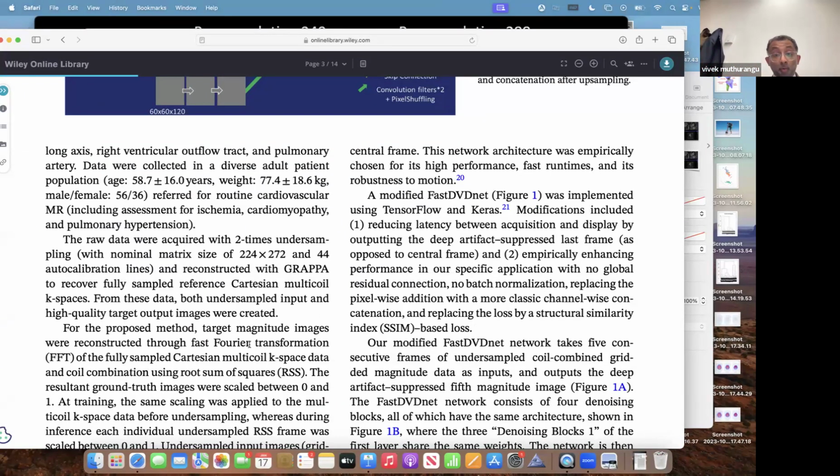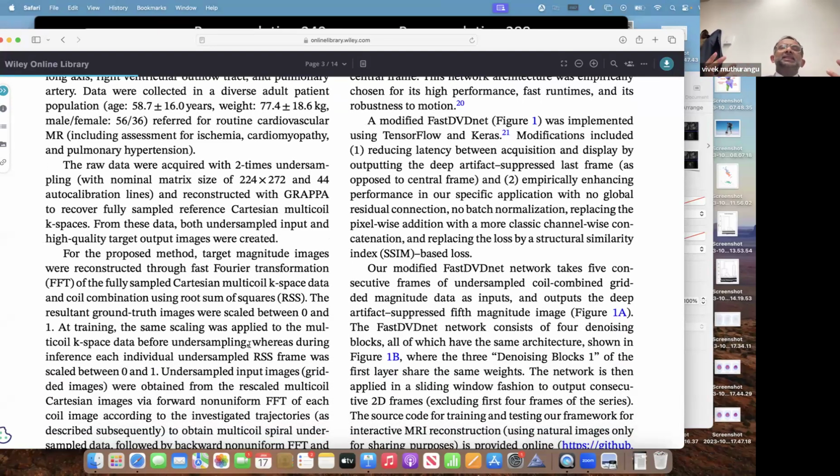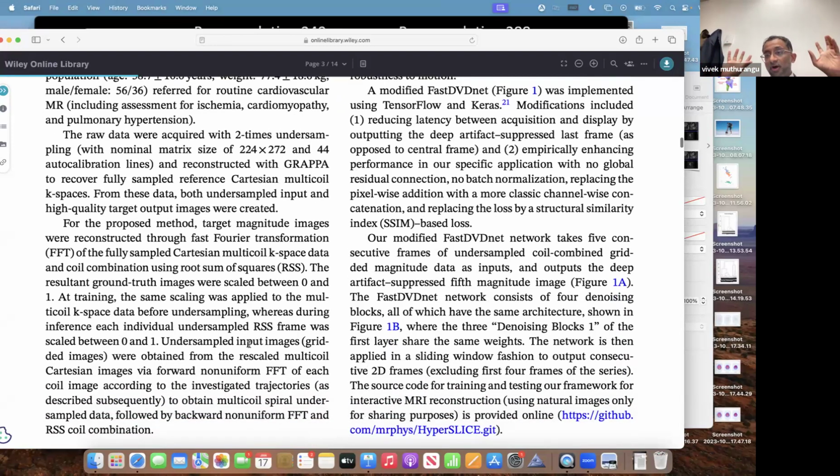So that's what we want. And then essentially this is self-supervised. So we're going to take that ground truth data and synthetically undersample it with multiple types of non-Cartesian trajectory on each coil and then do root sum of squares. So that gives us our input data.